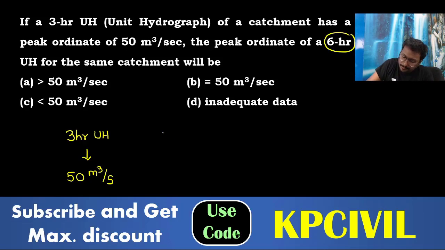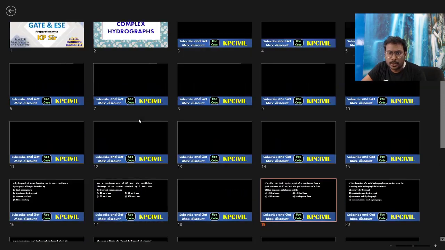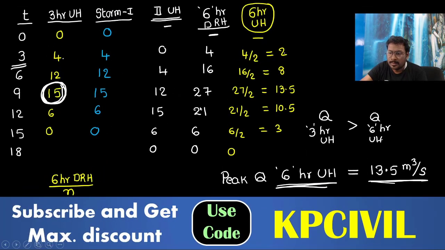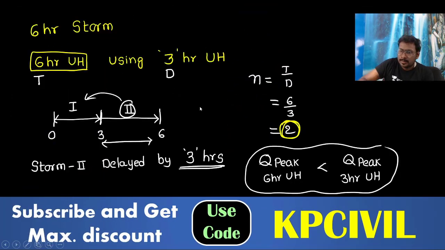What happened to time? Time increases. 3-hour is more, 6-hour is less. We have written clearly. I will show it to you. P coordinate of 6-hour UH is less than P coordinate of 3-hour UH.